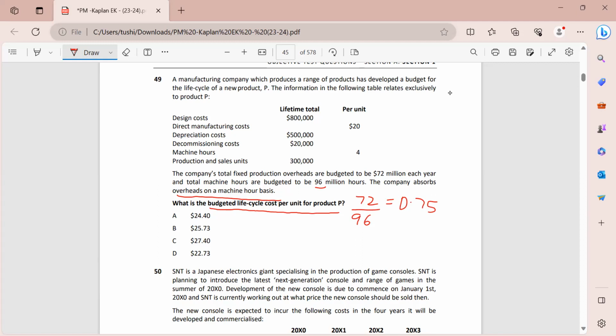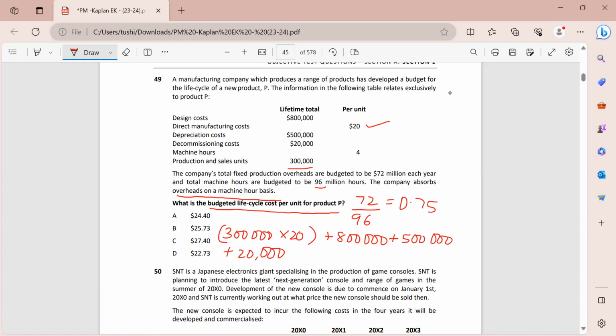Now, with regards to my manufacturing cost, it is mentioned that we are making 300,000 units, and this will be multiplied by 20 because this is my direct manufacturing cost. So if I add all of these up, this is 300,000 multiplied by 20, and then to this I will add my depreciation cost as well as my design cost as well as my decommissioning cost. So 800,000 plus 500,000 and plus decommissioning is 20,000. I am taking all of these costs. Why?